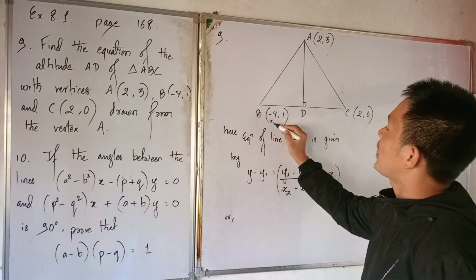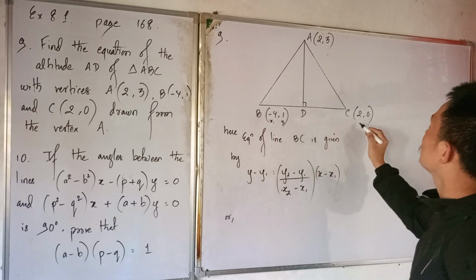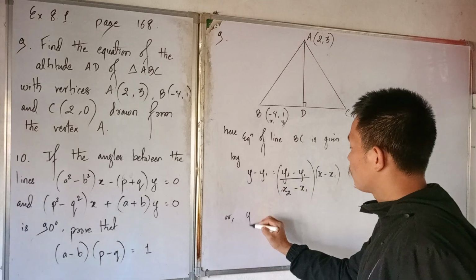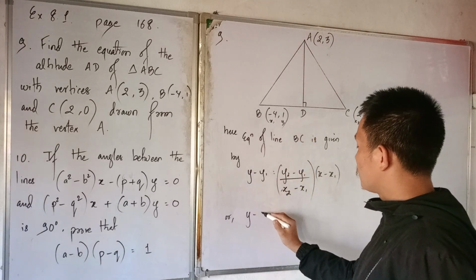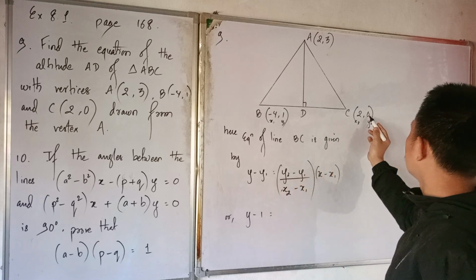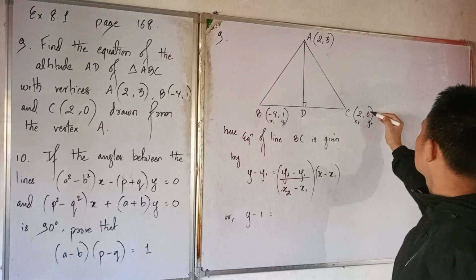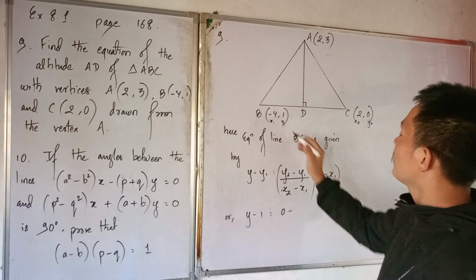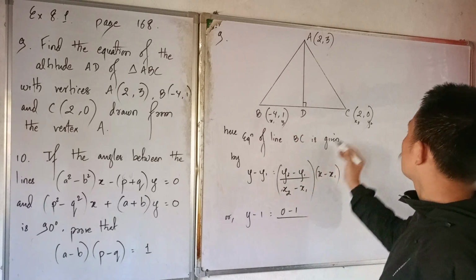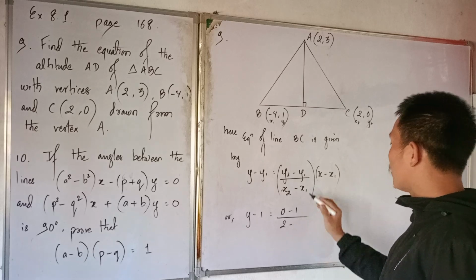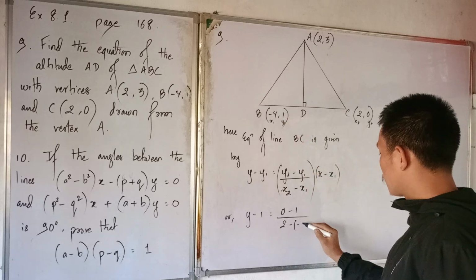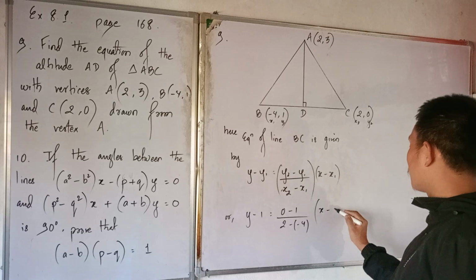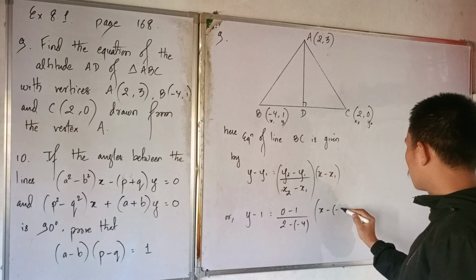Replace the values: y minus y1, we have 1; y2 is 0, so 0 minus 1; x2 is 2, so 2 minus x1, which is minus 4; and x minus x1, we have x plus 4.